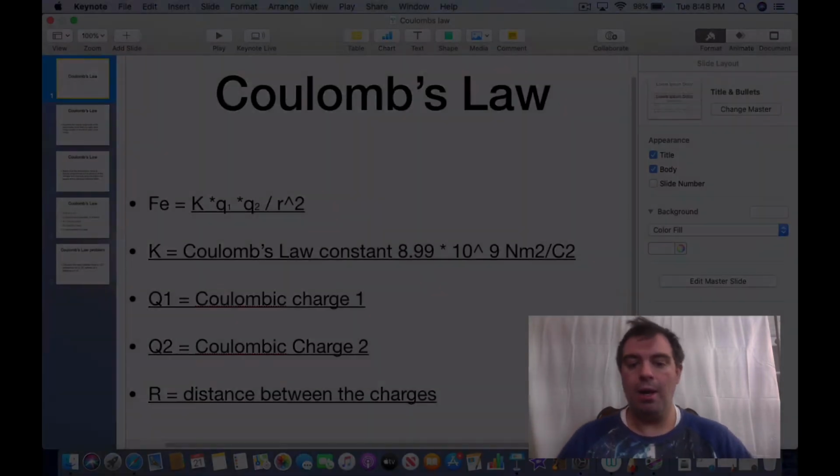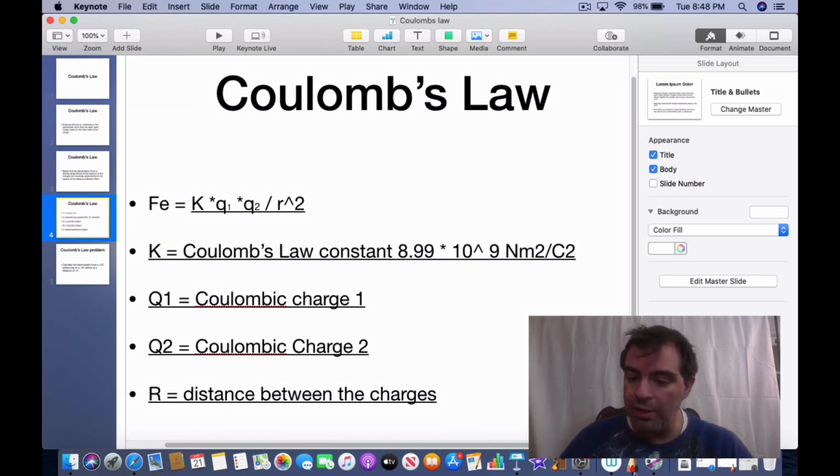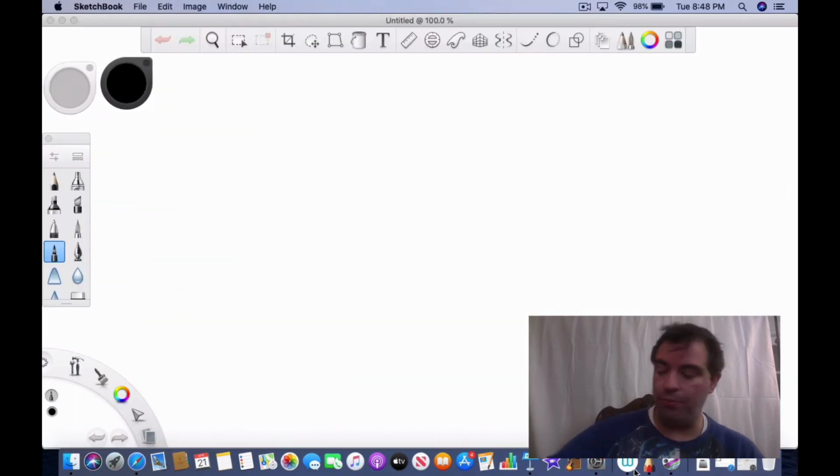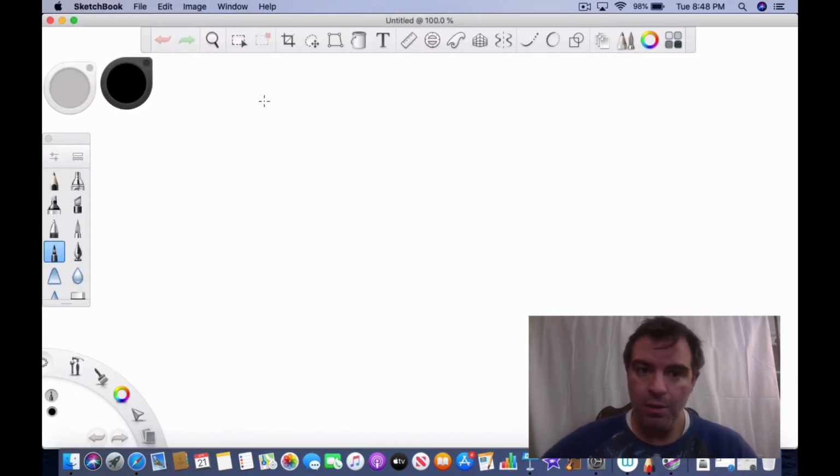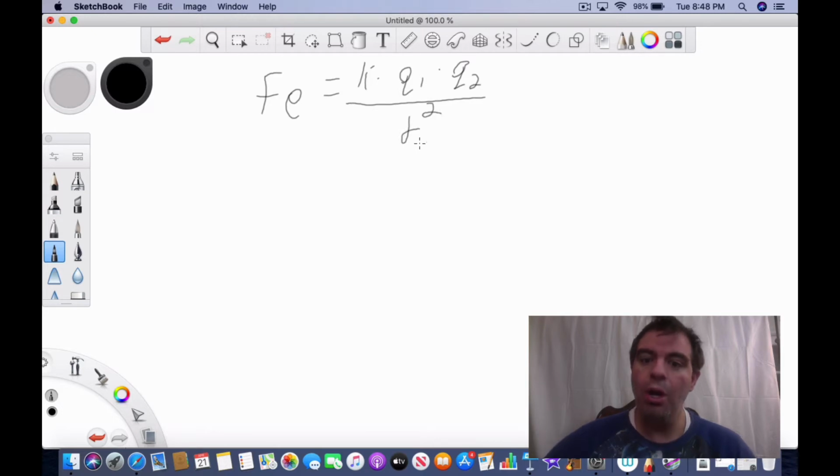So, let's first examine the quantitative relationships that we can infer from this law. We said that the equation is F_e equals k, Coulomb's law constant, times q1, charge 1, times q2, charge 2, divided by r squared, the distance between them squared.